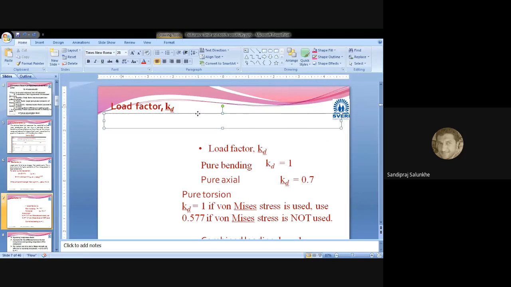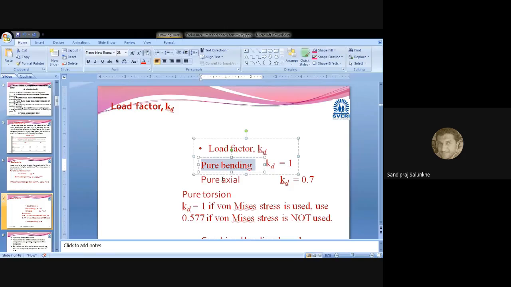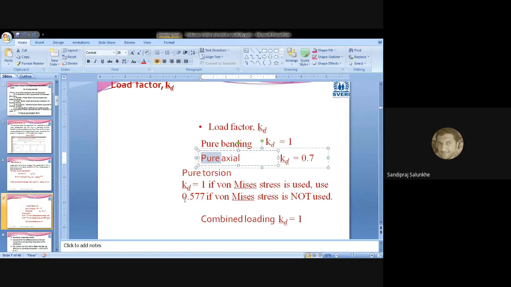It is considered according to which type of load we apply on the component, that is either pure bending, pure axial, where axial includes tensile and compressive, or torsional load, and we can go for combined loading. Combined means torsion and axial, or torsion and bending, or bending and axial load. Likewise, combinations of loads are there in actual practice.